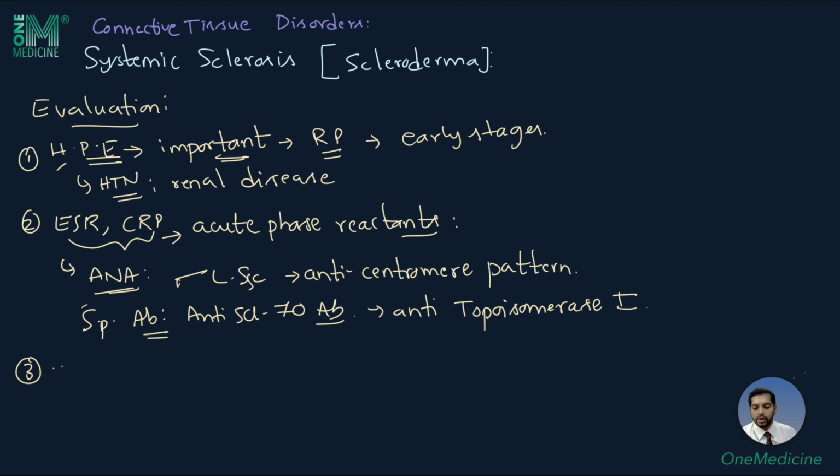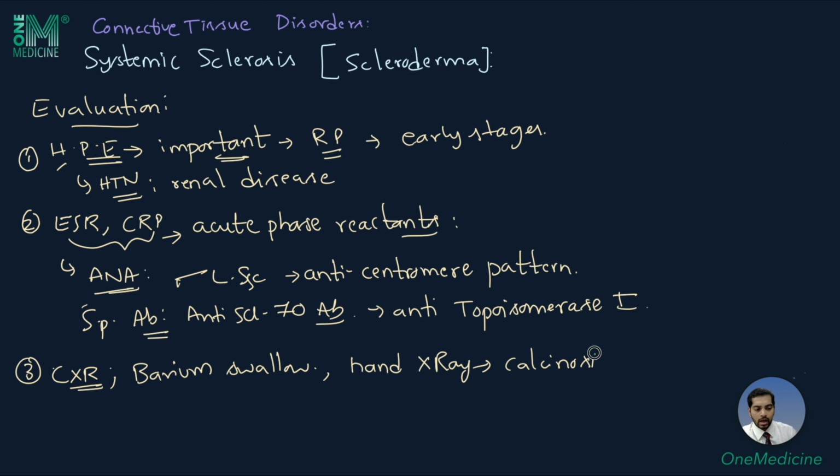Other tests include radiography, that is chest X-ray can be done to look for features of pulmonary hypertension. Patient can also be subjected to barium swallow to investigate for esophageal dysmotility. Hand X-rays can be done to look for calcinosis and also arthritis changes in the patients, which is seen as distal tuft resorption.